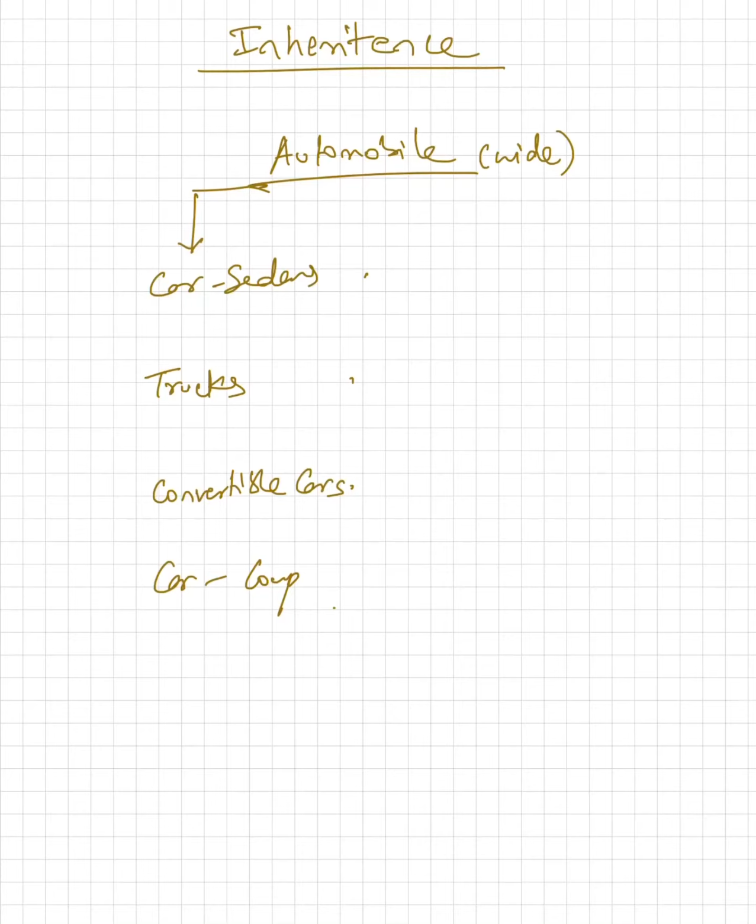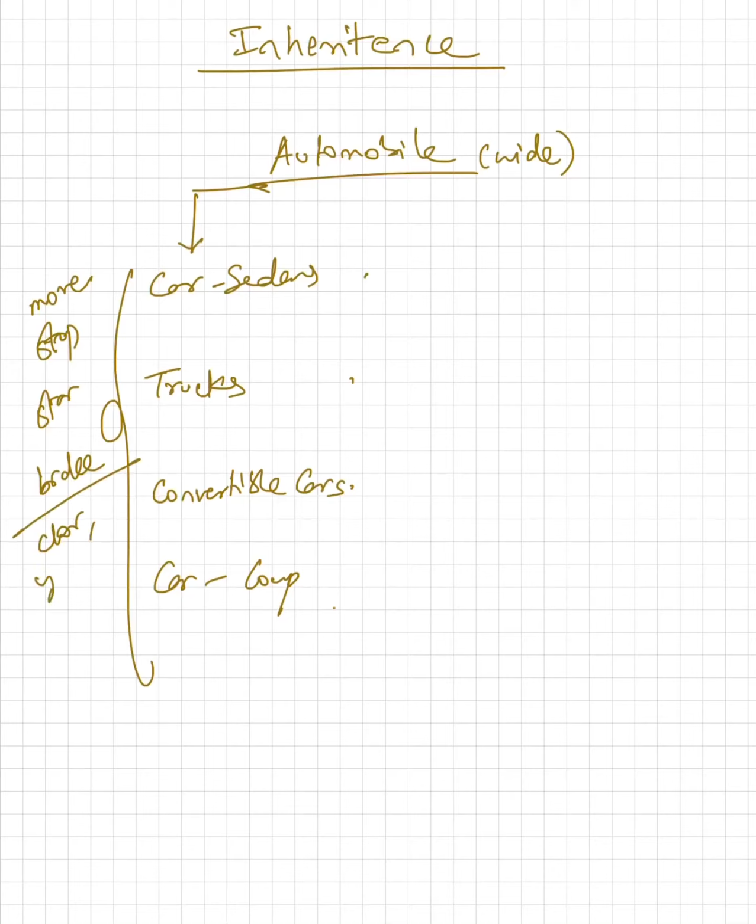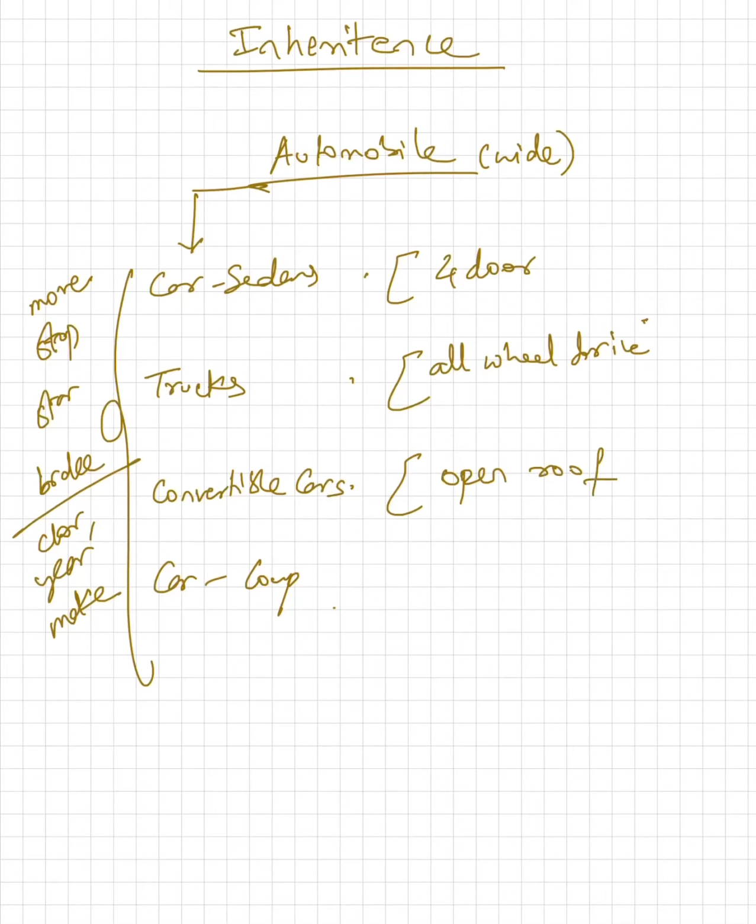They are under the class automobile because they can move, they can stop, they can start, they can brake. They have color, they have year, they have make, but they have additional properties like this has four doors, this has all-wheel drive, this has open roof, this has two doors.